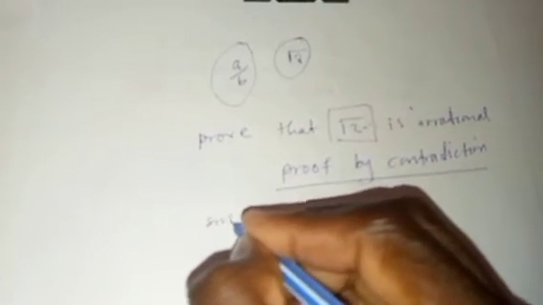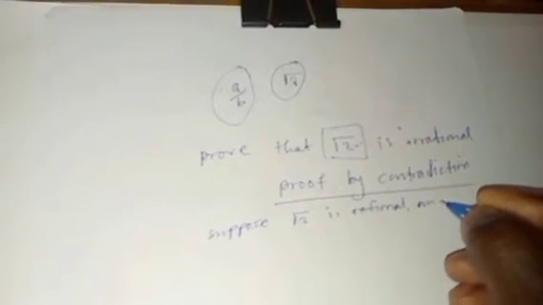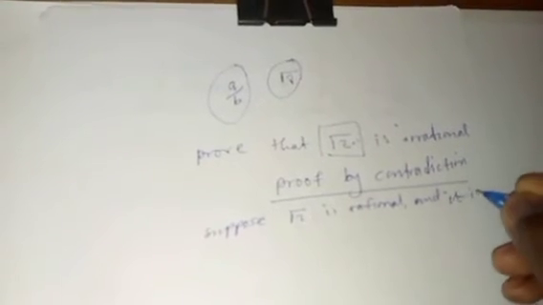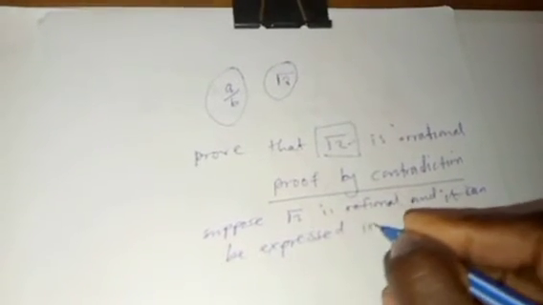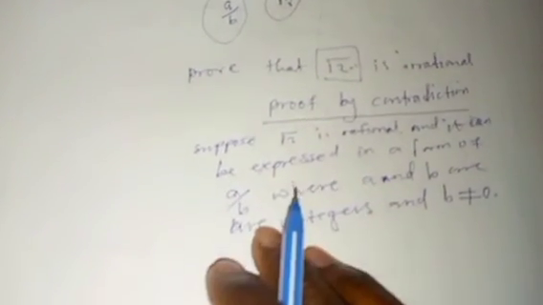You say, suppose root 2 is rational, not irrational, and it can be expressed in the form of a over b, where a and b are integers and b shouldn't be equal to 0.